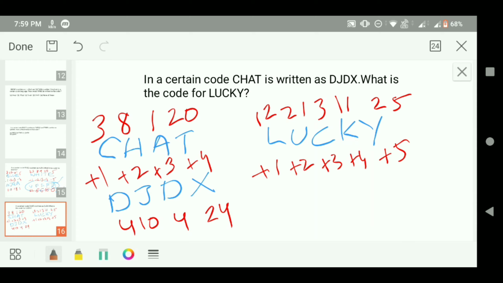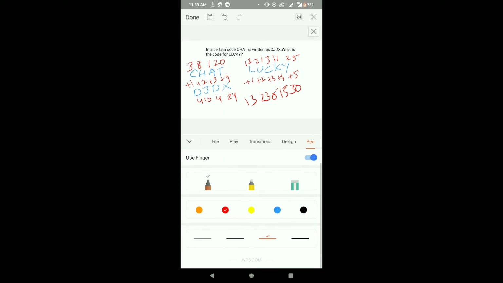Then we get 12 plus 1, we get 13. 21 plus 2 is 23. And 3 plus 3 is 6, 11 plus 4 is 15, 25 plus 5 is 30. So the positions for these numbers are M, W, F, O.